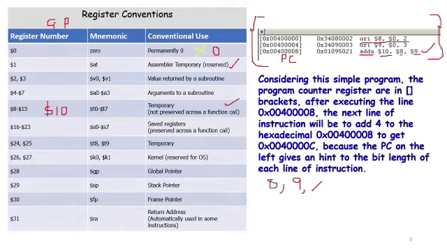From 9, instead of moving to 10, we move to A. From A, we move to B. From B, we move to C. From C, we move to D. And then from D, we move to E. And finally, we move to F.